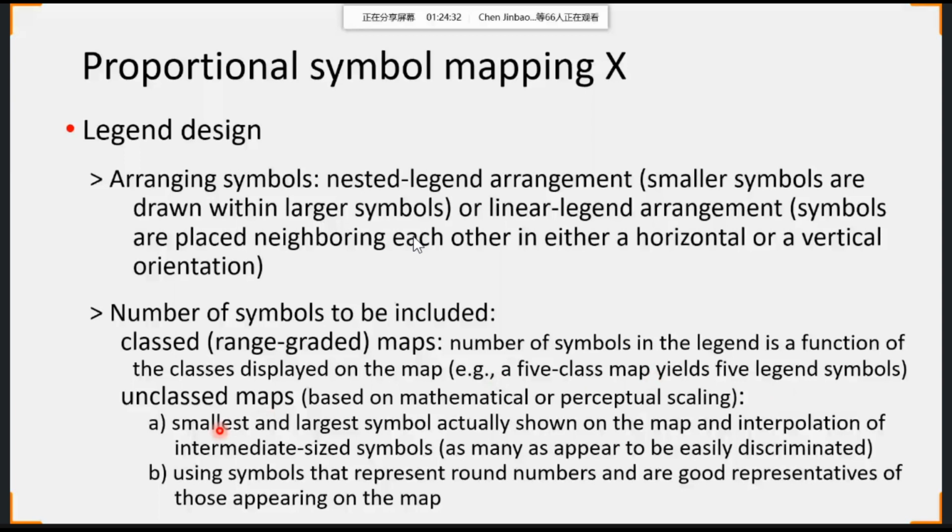In an unclassed map, it's of course different. So you can use different kinds of scaling, for example, mathematical or perceptual scaling. One option is the smallest and largest symbol actually shown on the map, and interpolation of intermediate size symbols, as many as appear to be easily discriminated.